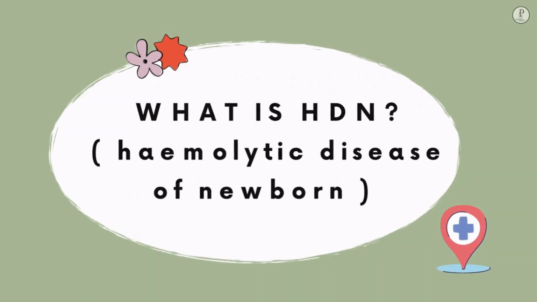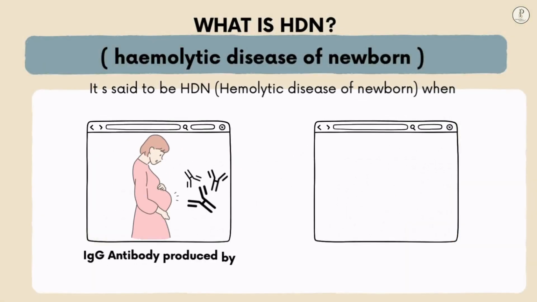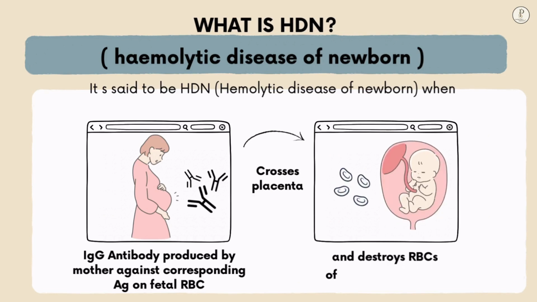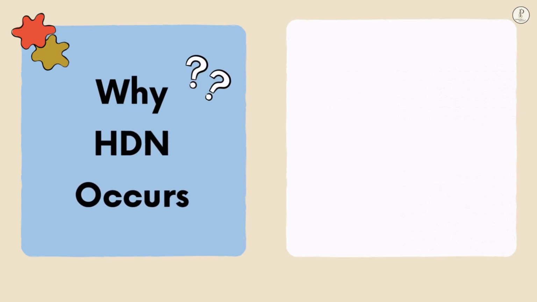What is HDN, or hemolytic disease of the newborn? It is said to be HDN when an IgG antibody produced by the mother against the corresponding antigen present on fetal RBC crosses the placenta and destroys the RBC of the fetus and newborn. Why does HDN occur?